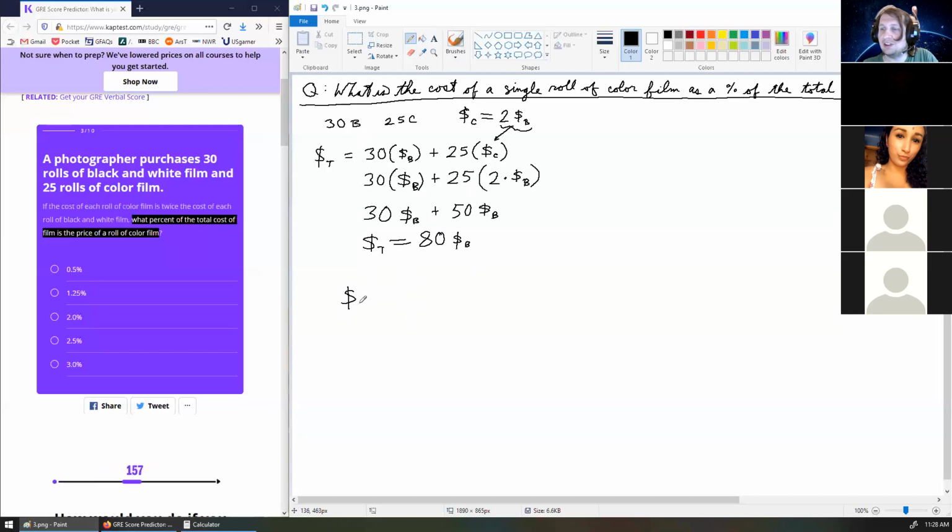The cost of black is going to be 1/80th of the total. And if color costs twice as much, then what's our color cost? 2 over 80? Yes. Okay.